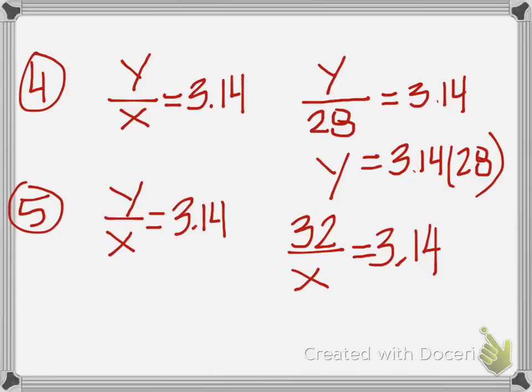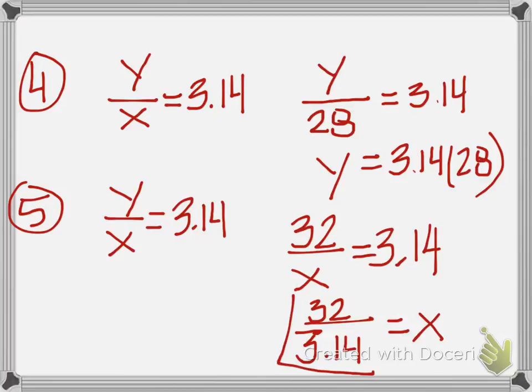So multiply by x and divide by 3.14, and you have 32 divided by 3.14 is going to be equal to x. So you need to divide this out to find out what x is. Likewise, up here, you need to multiply to find out what y is.